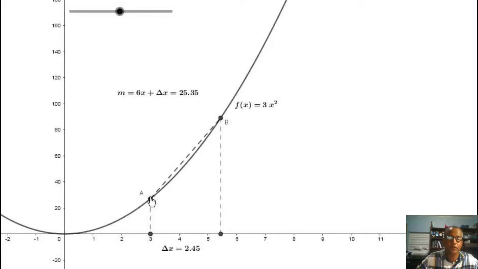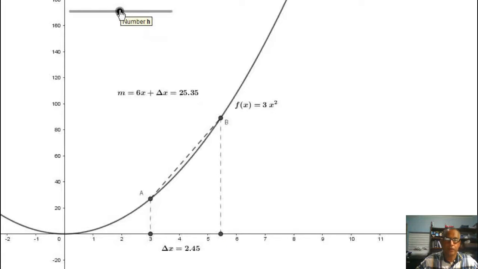So I'm going to keep this point fixed at x equal 3, and of course then this becomes the point 3, 27. So if you put 3 into this equation, you get 27. Alright, and so we come over here and we have, well, this point here is now 5.45.